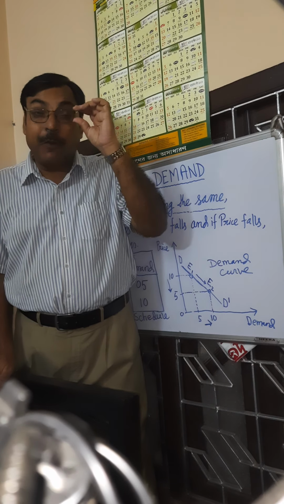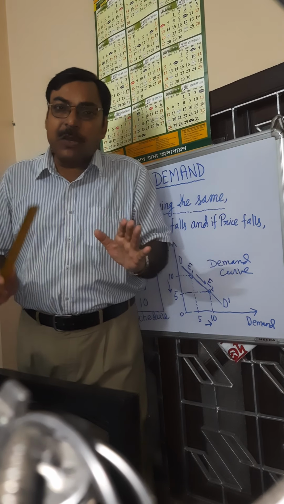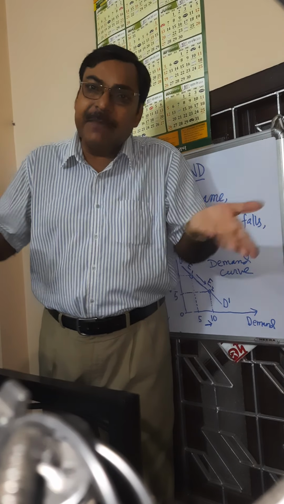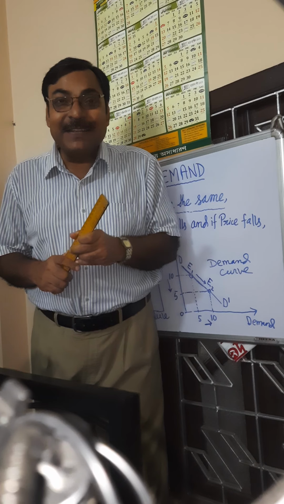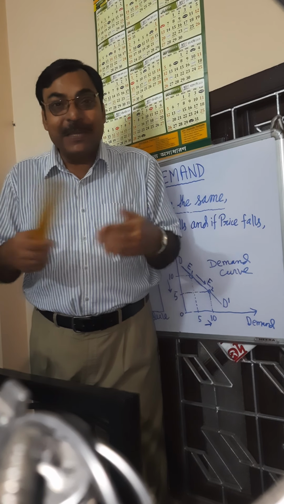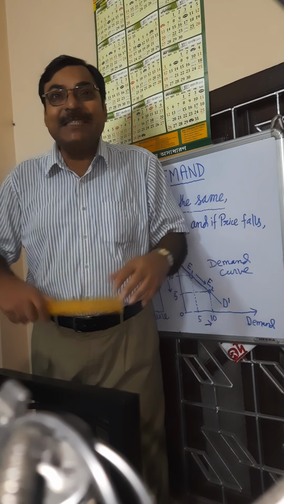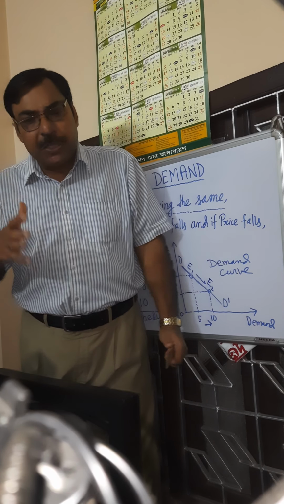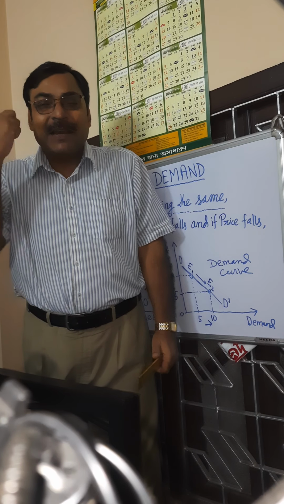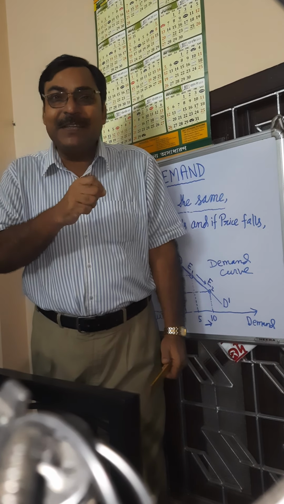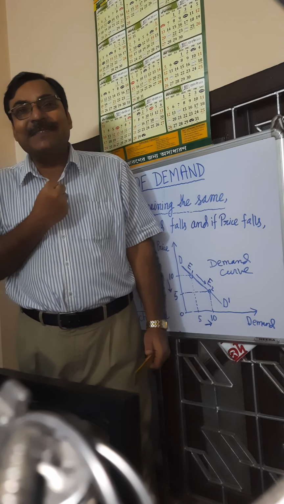Now if price falls from ₹5 to ₹4 and the consumer is purchasing 4 units like before, what is the expenditure? Price has become 4, units purchased 4 like before, 4 into 4, 16 is the expenditure. So the consumer is purchasing the same amount, 4 units of the commodity, but earlier the expenditure was 20, now the expenditure is 16, ₹4 surplus in his hand.